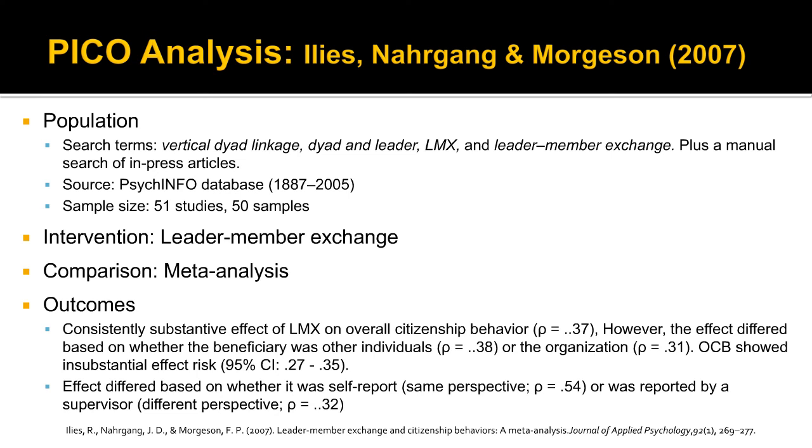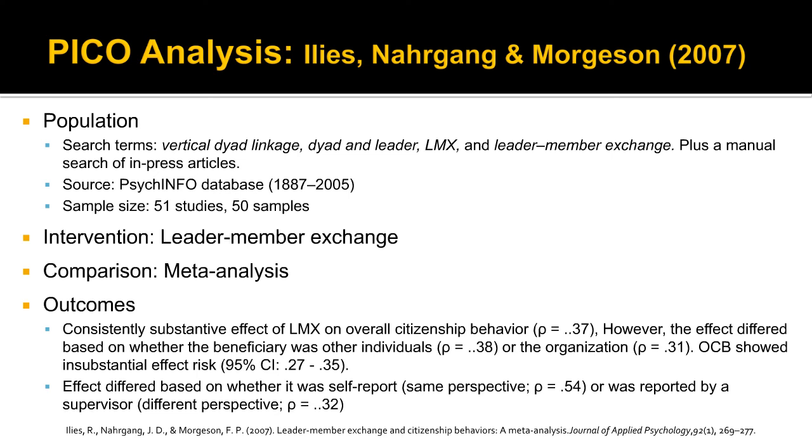Furthermore, the effects of leader-member exchange on citizenship behavior differed based on how the study was conducted. If they used subjective or perceptual data, such as self-report, the effects seemed to be moderate, with a corrected correlation of 0.54.